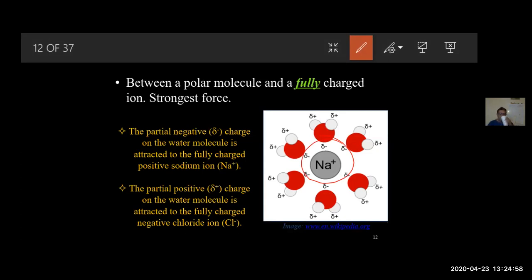Because the sodium ion has a positive charge and water is very dipolar, the partial negatives of the oxygen are interacting with the positive charge of the sodium. That means if this was sodium chloride, the anion would be out here on the side interacting with the partial positive of the hydrogens of water. So it's a very complex picture when it comes to ion dipole interactions.